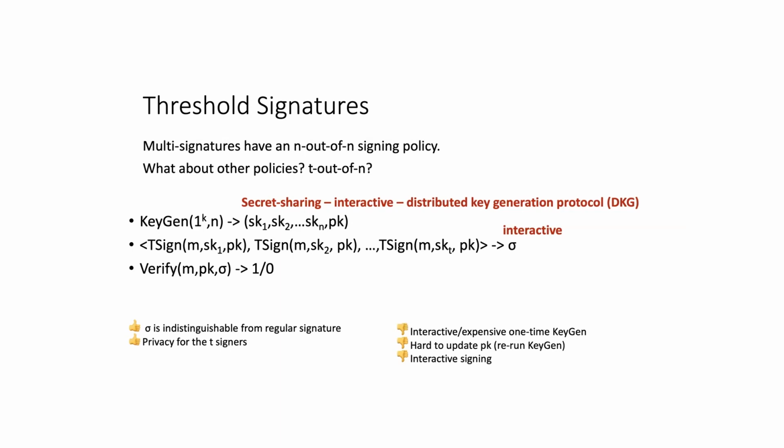The problems are this interactive, expensive, one-time key generation. It's hard to update the public key. So let's say that you want to remove a member from the group or add a new member to the group. You have to recreate new keys. And also the signing is necessarily interactive, while, as I said before, for BLS, for example, in multi-signatures, there was no interaction.